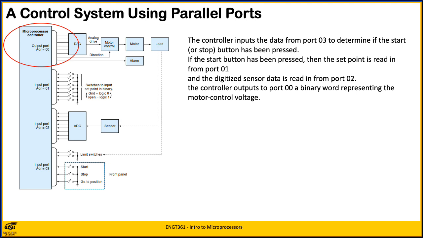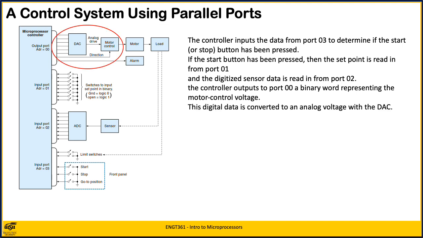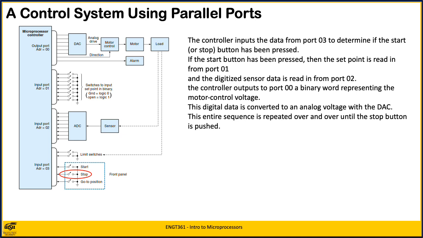Based on its control strategy, the controller outputs to port 00 a binary word representing the motor control voltage. This digital data is converted to an analog voltage with the DAC. This entire sequence is repeated over and over until the stop button is pushed.